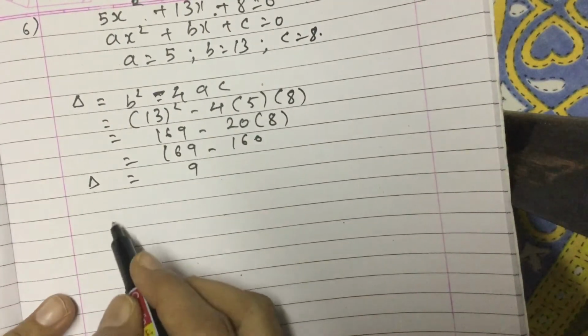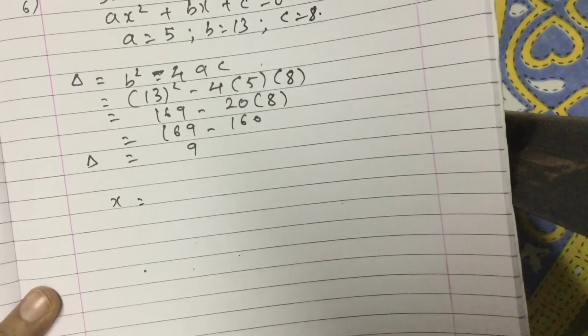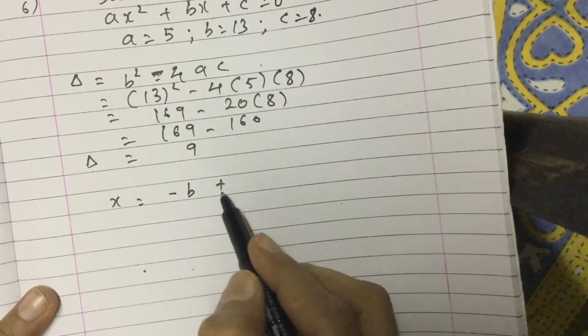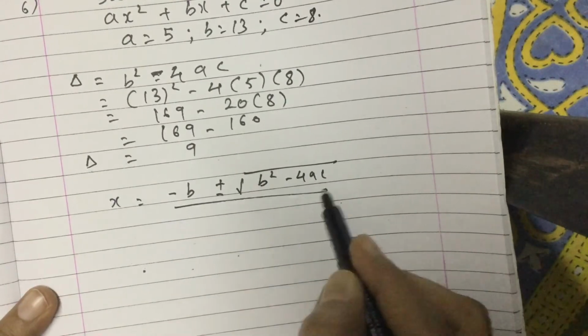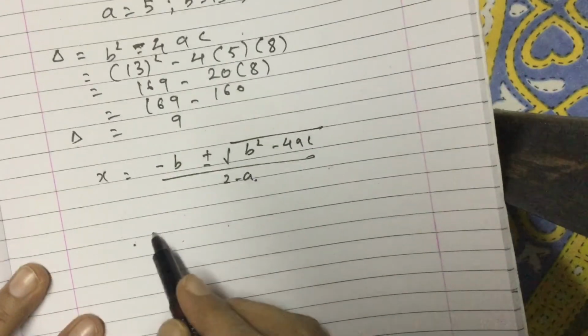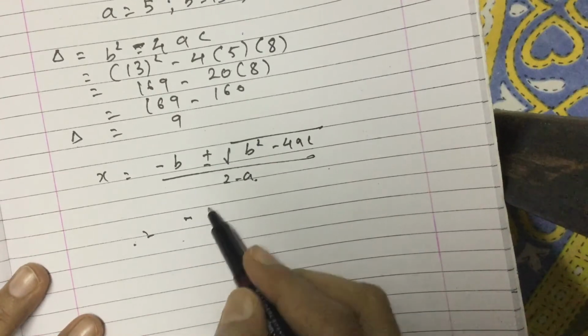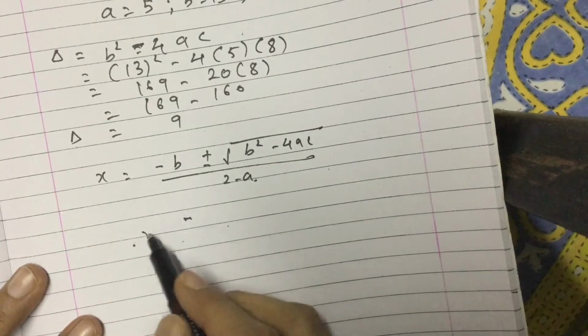Now we have to find the variable x by x = (−b ± √(b² − 4ac)) / 2a. What is the b value?